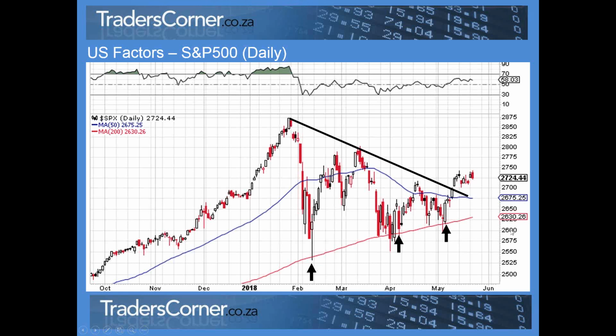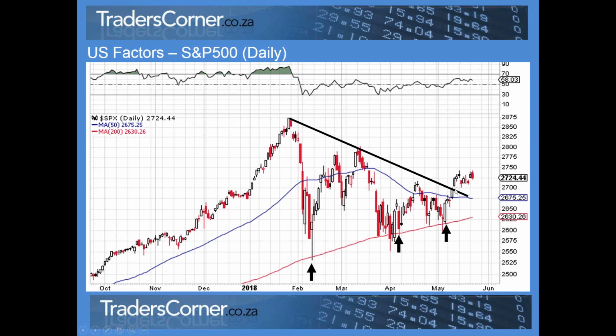And that 2600 area has been clear support over the last number of months, albeit with a fair amount of noise around that area. But now we're seeing a break through the upper end of this downward trend. The breakthrough at 2700 is bullish, and that opens further potential for upside, which validates this triangular pattern.